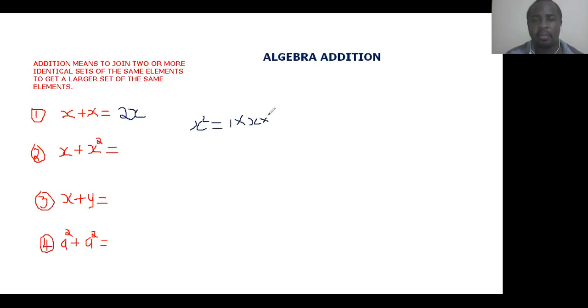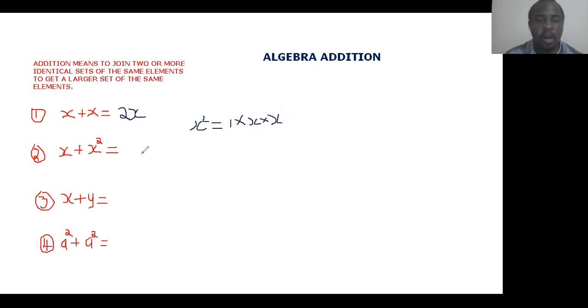Some people might be asking, where does 1 come from? Remember, there's always one set of something, and multiplication by default means sets of. So it's one set of x times x. So 1 times x times x.